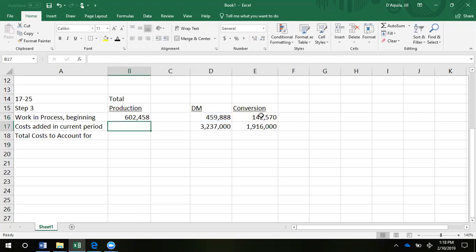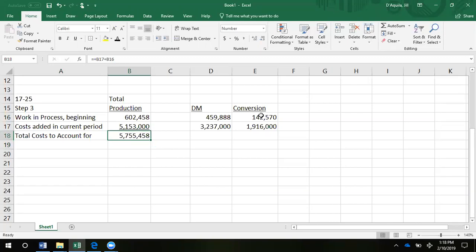So beginning work in process, we have $602,458. We added an additional $5,153,000 worth of costs. So altogether, we have a total of $5,755,458 worth of production costs.